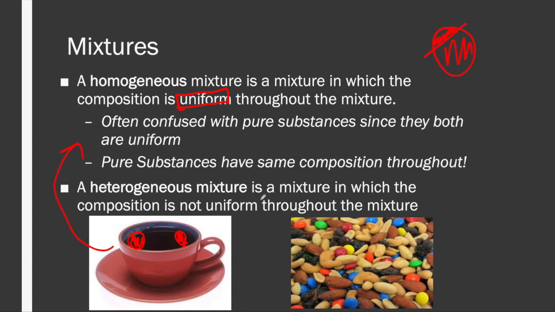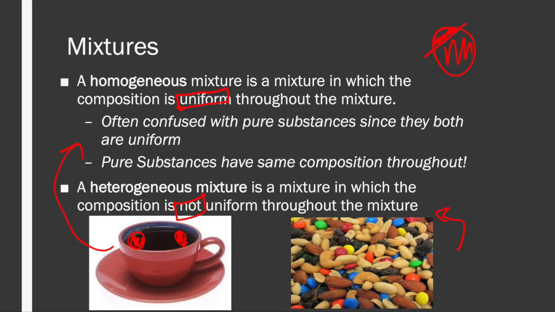Heterogeneous is a mixture in which the composition is not uniform throughout the mixture. So, think about anything you eat, like trail mix, your snacks, whatever you want. Here we have trail mix as an example.